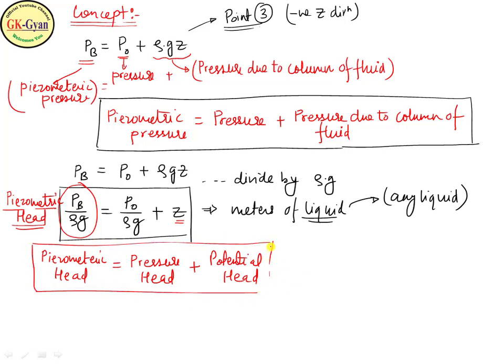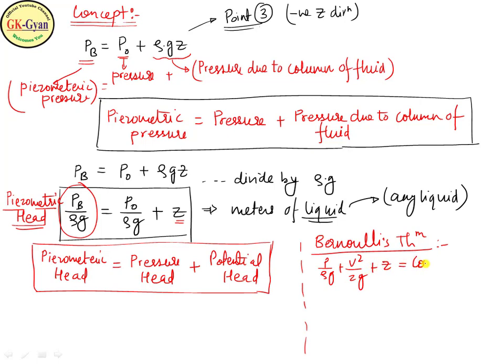We know Bernoulli's theorem. What is Bernoulli's theorem? Bernoulli's theorem is that the sum of pressure head plus velocity head or kinetic head plus potential head is constant. I will write down Bernoulli's theorem here. It is P by rho G plus V square by 2G plus Z equal to constant.